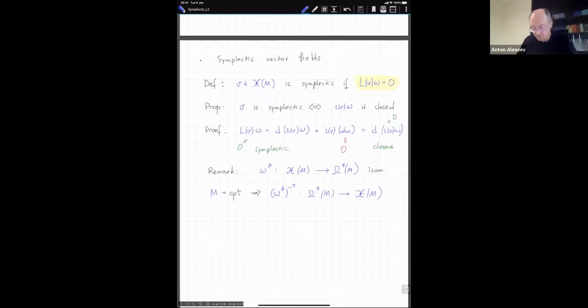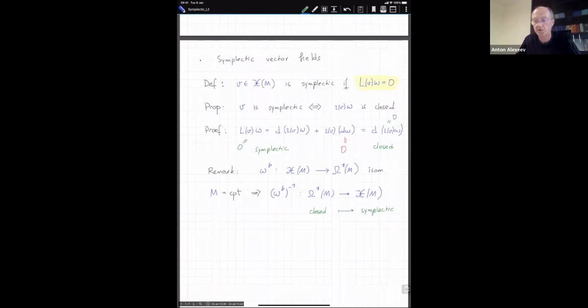to vector fields. And here I can just take, as was suggested in the previous question, any closed one form, I obtain a vector field, and it will be symplectic. So closed will be mapped to symplectic. Then the short answer is there are lots of them.